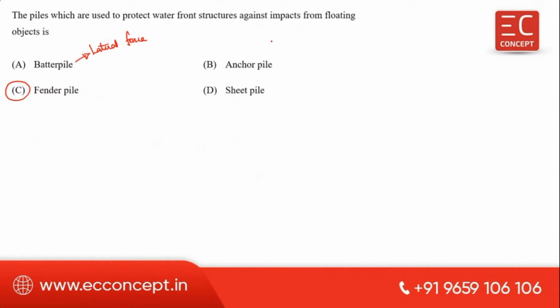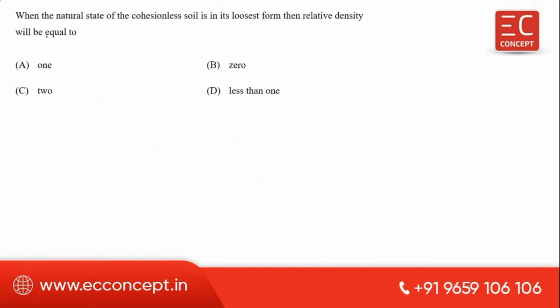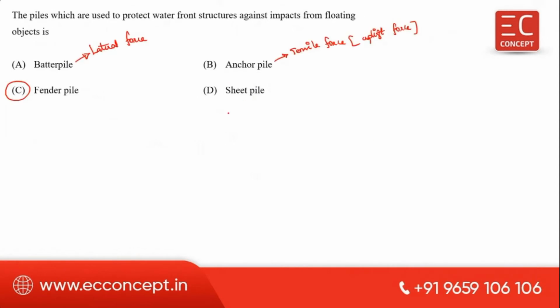An anchor pile is used to resist tensile force, or uplift force. A sheet pile is used for resisting soil, which means retaining soil. It is used to retain the soil.